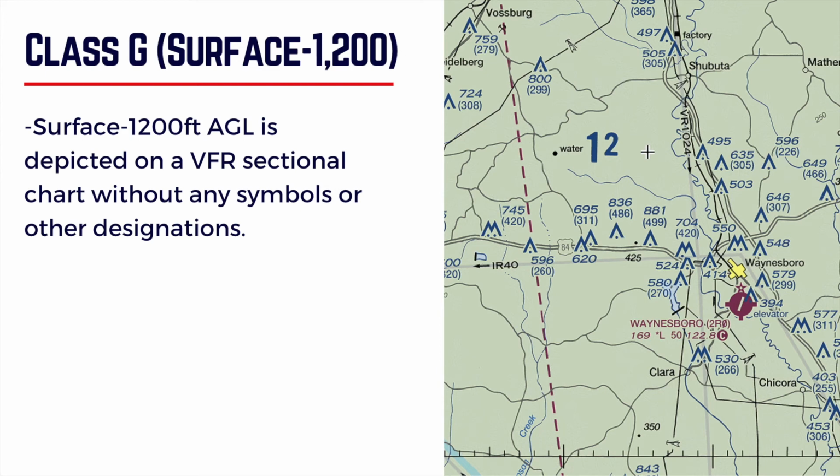So on the image to my right, there is no other symbol for any other type or class of airspace. That simply means that Class G starts at the surface and goes to that 1,200 foot AGL number.